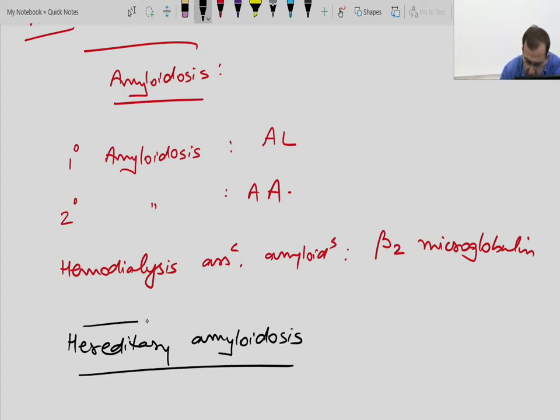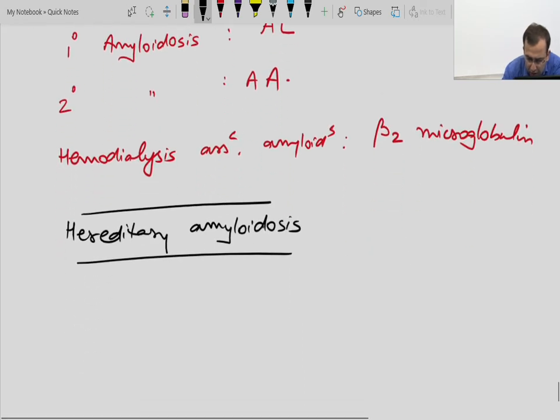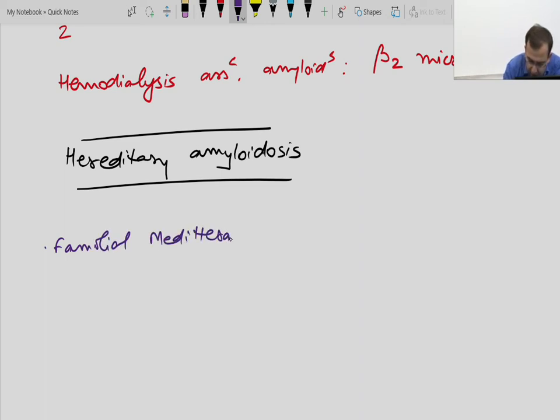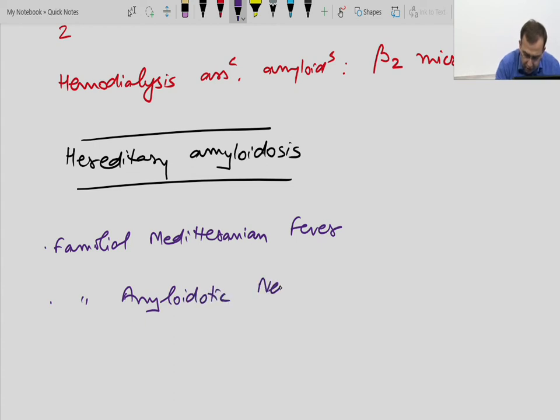There are three main hereditary amyloidosis: familial Mediterranean fever, familial amyloidotic neuropathies, and systemic senile amyloidosis.